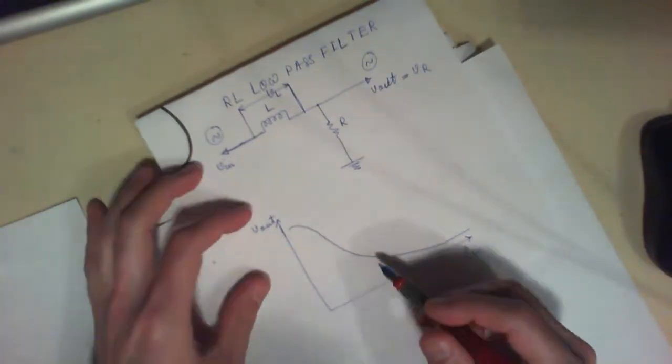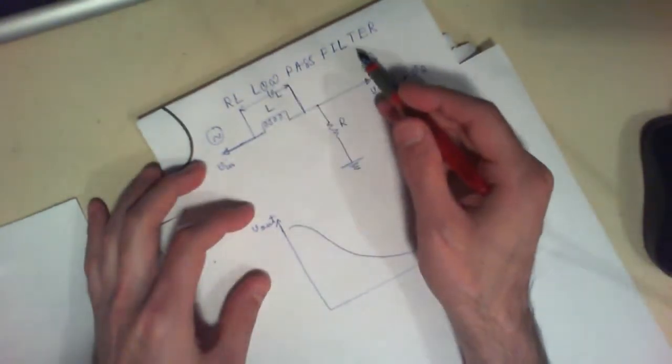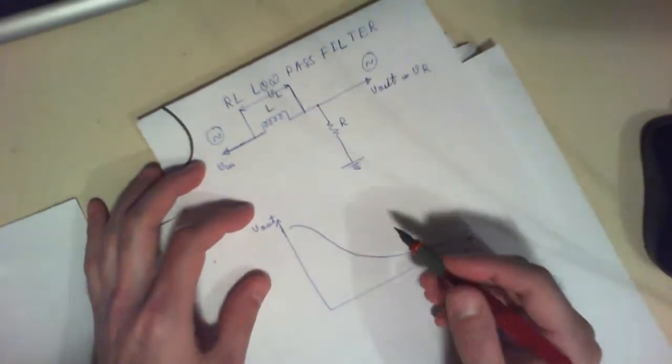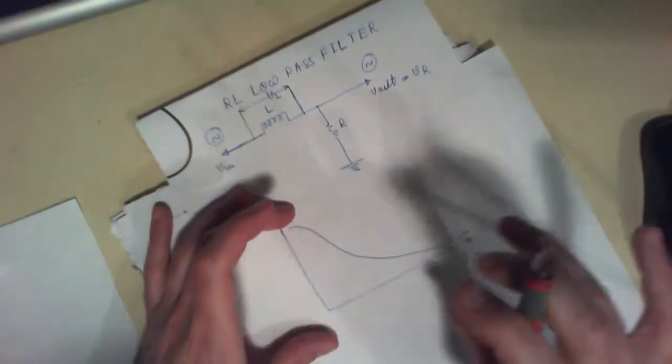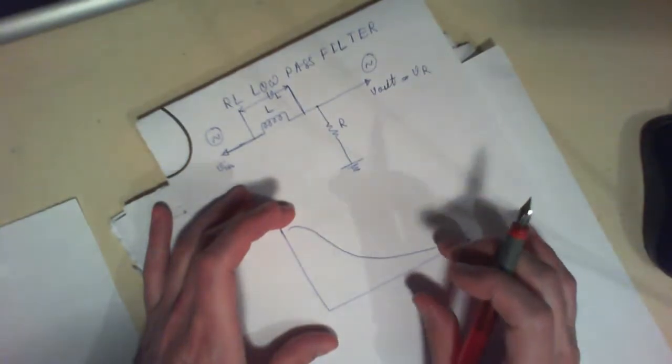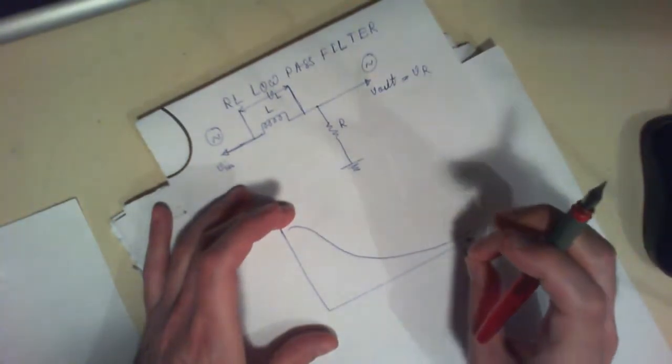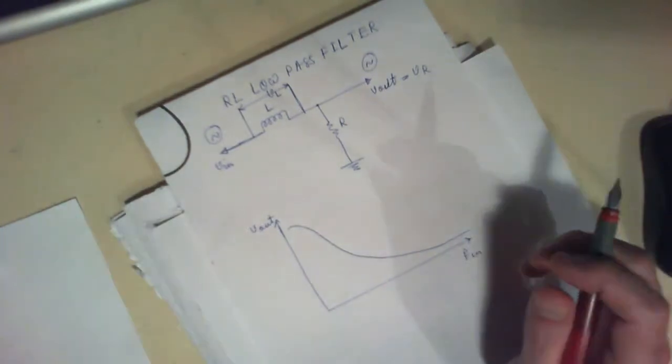And for the same reason, it's called a low pass filter, because at low frequencies most of your signal is passing through. At high frequencies most of your signal is being suppressed.